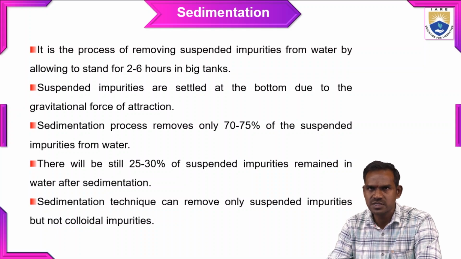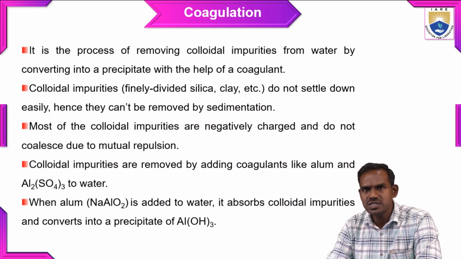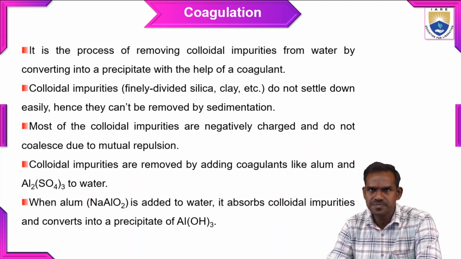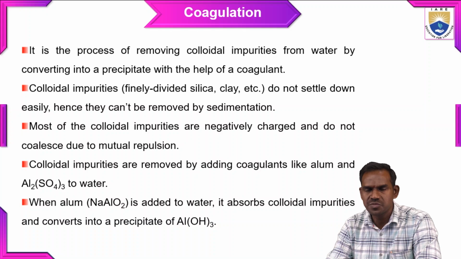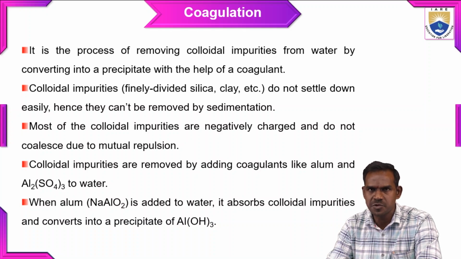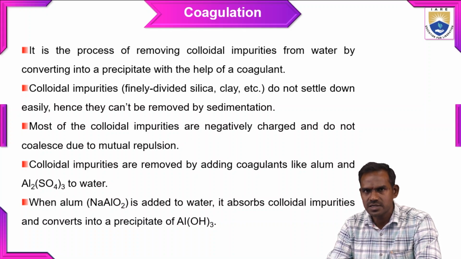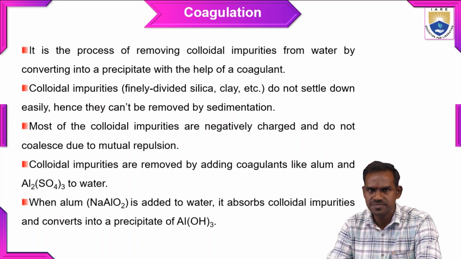Now we are going to discuss the technique. The technique is called coagulation. Coagulation is defined as the process of removal of colloidal impurities from water by converting them into precipitate with the help of a coagulant. And a coagulant is a substance or chemical which is added to water to convert colloidal impurities into precipitates.